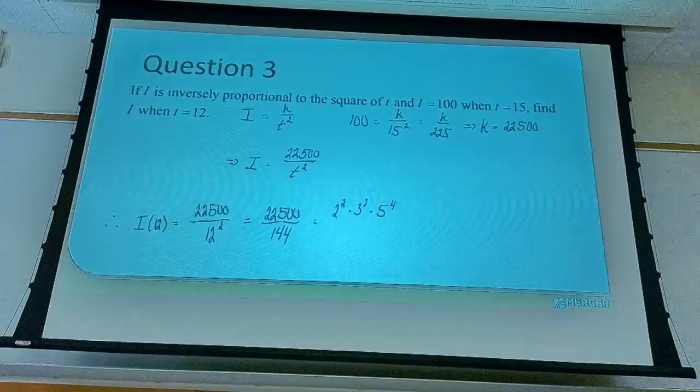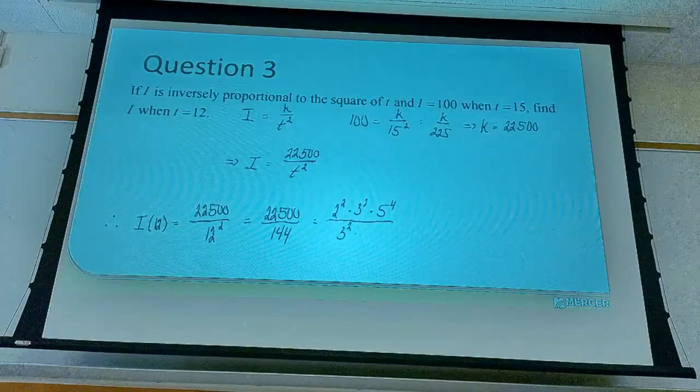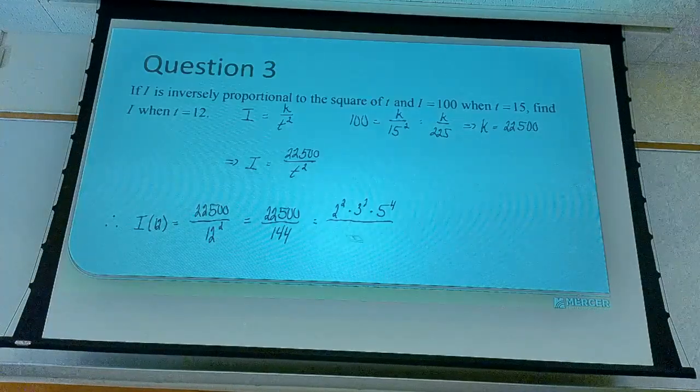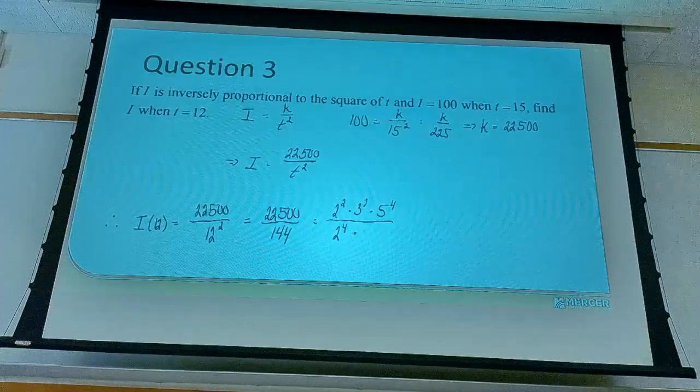Over 144, you know is 12 squared, which is 3 squared times 4 squared, which is 2 to the 4th. I can simplify from there. It's 5 to the 4th over 2 squared. 5 to the 4th is 625, 2 squared is 4. So you get 625 over 4 without the use of the calculator.